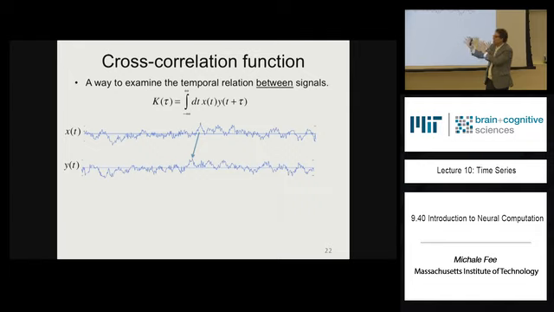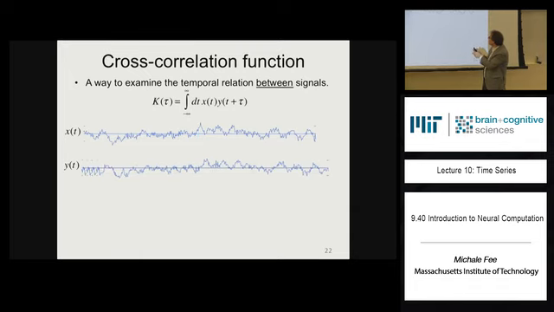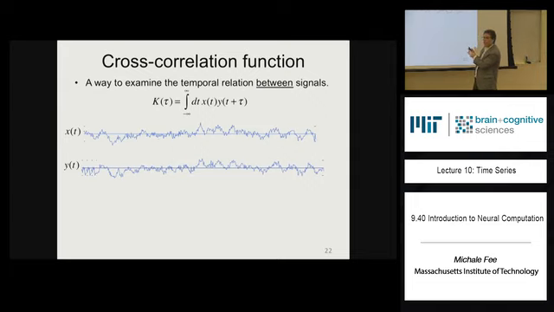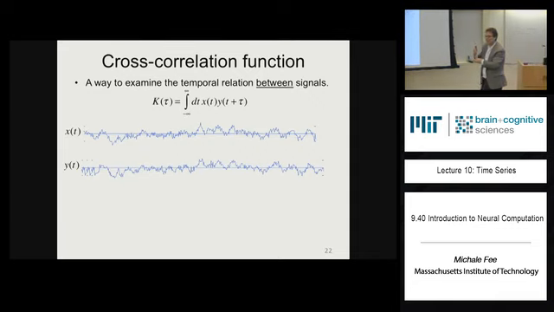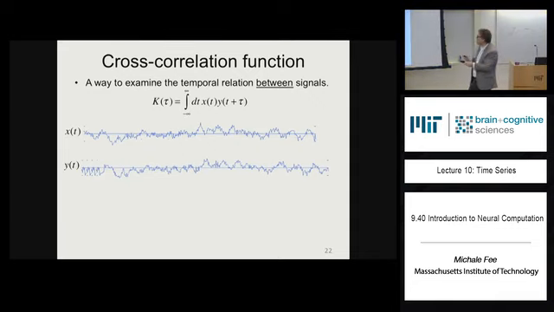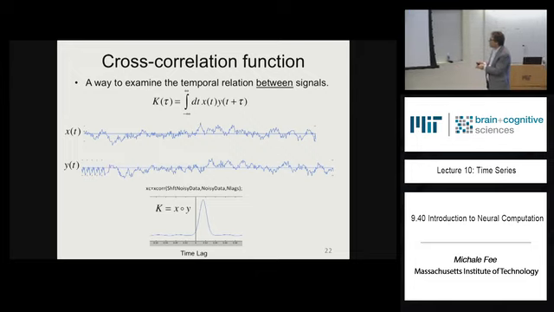So only when they perfectly overlap and kind of exaggerate each other will you see that. Exactly. It's only when they overlap that all of the positive parts here will line up with the positive parts here, and the negative parts here will line up with the negative. And since you're taking the integral, it just makes a very large positive. All of those positive times positive add up with the negative times negative, which is positive, and all of that adds up to give you that positive peak right there.